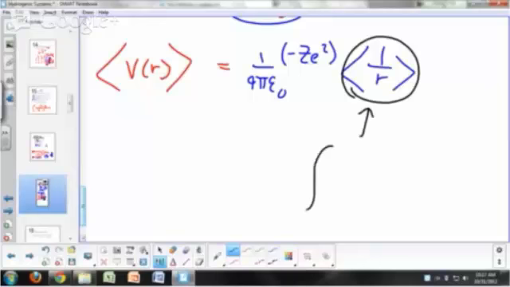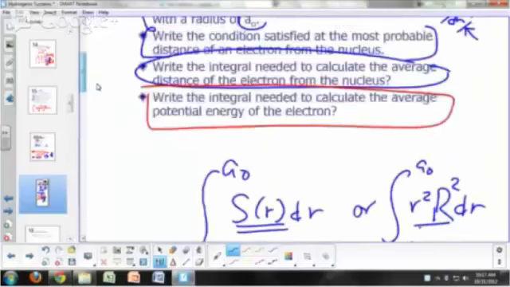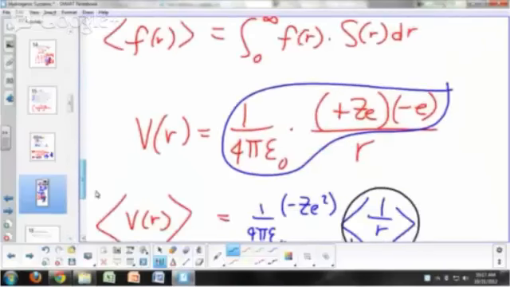This is just the integral of 1 over r times S of r dr. You can do this with psi, but then when you integrate over all the angles they will just factor out, and you'll just end up with this expression. So this is from 0 to infinity. So that's your average potential energy. Those are the kinds of information you can get from the radial distribution function.